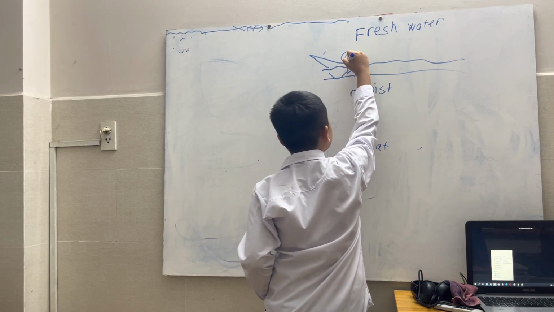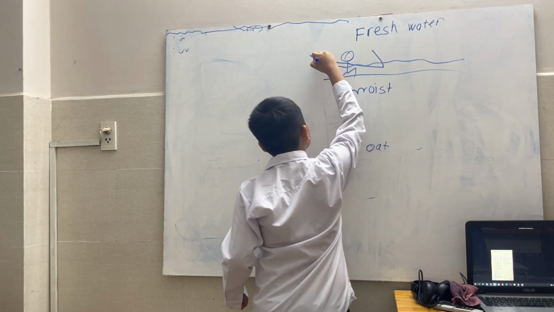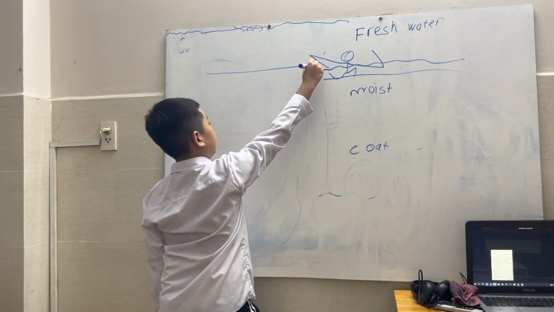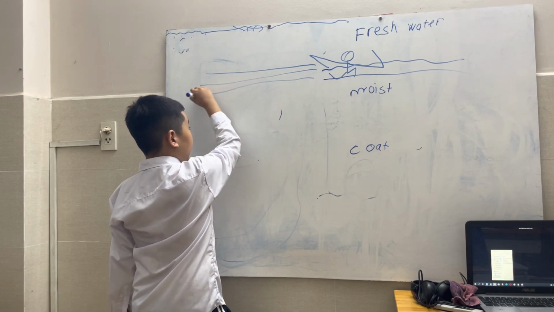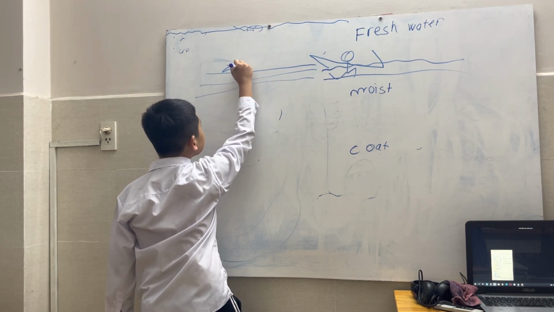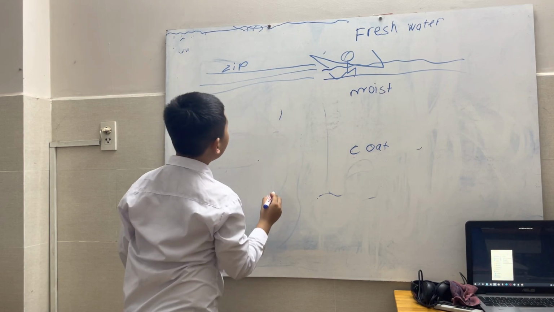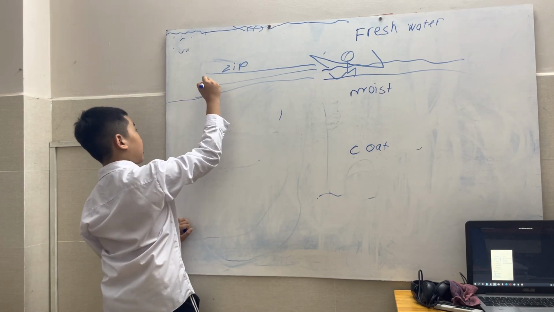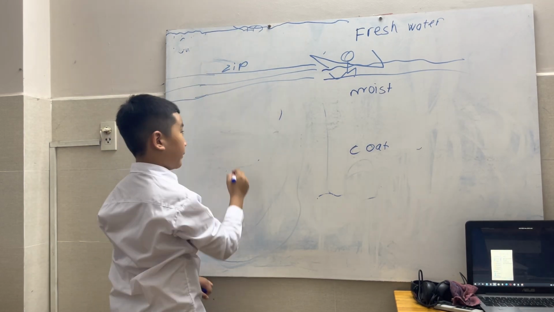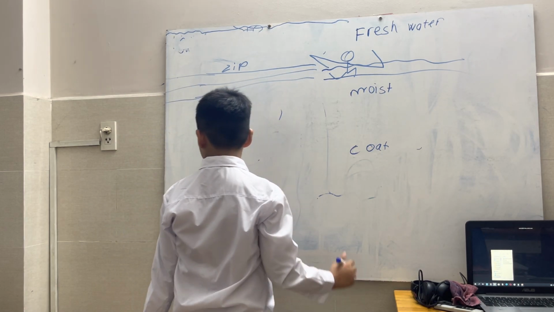Running. Zip. The longer the line is, the faster the human is running. So if I want it to be super long, I can add it to the top tip of the board. That's it.